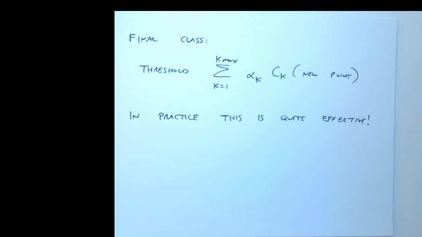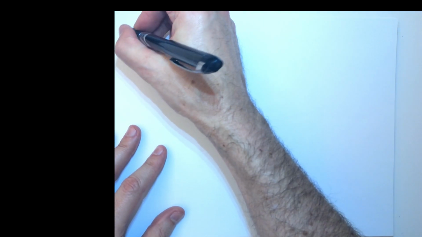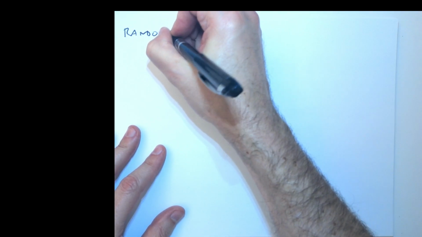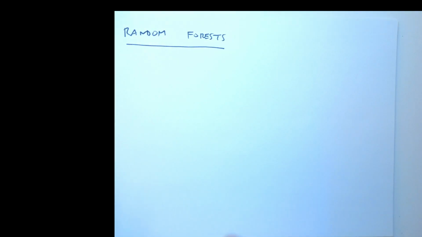The last thing I want to say about this kind of thing is something called random forests. So random forests at the time were, again, a super popular, easy and effective way of doing classification that was very appealing because they were so easy to train and they worked so well. So I want to say just one slide on random forests, which is basically, specifically for trees, a certain way of doing bagging.